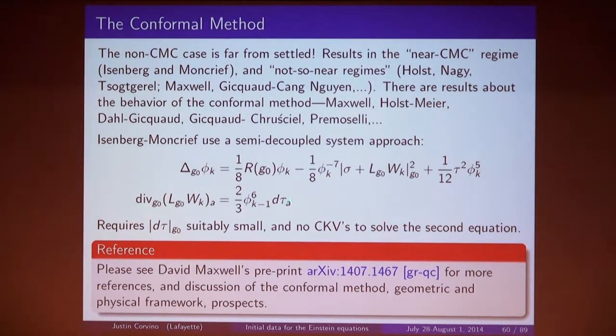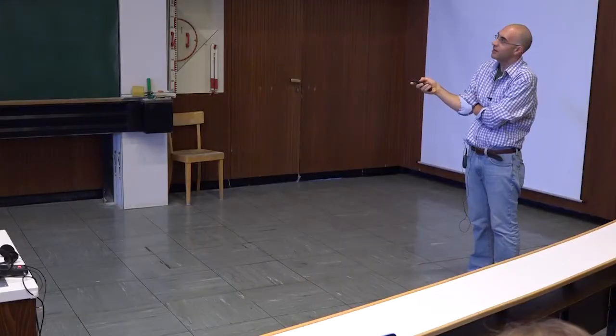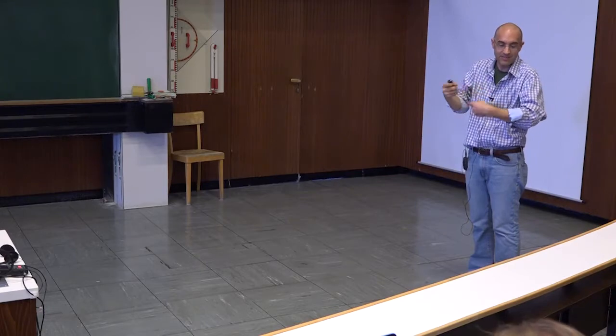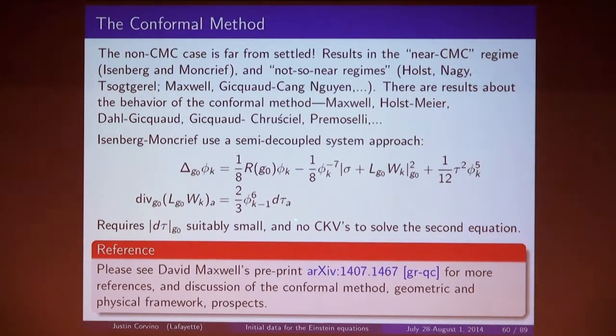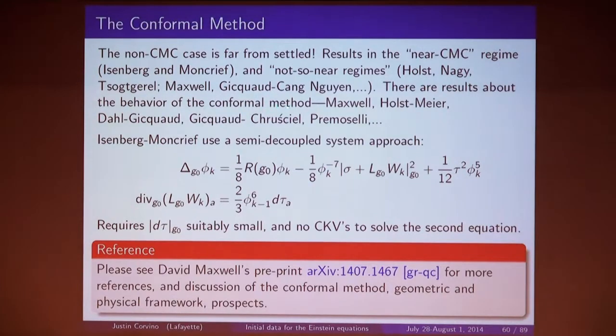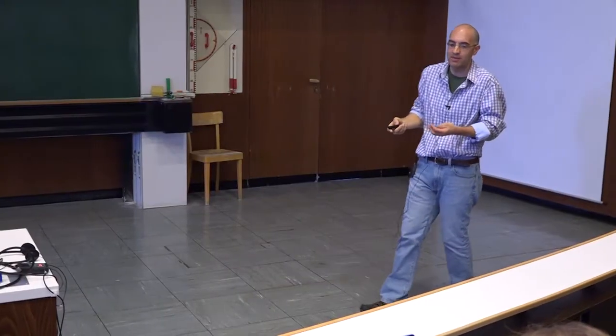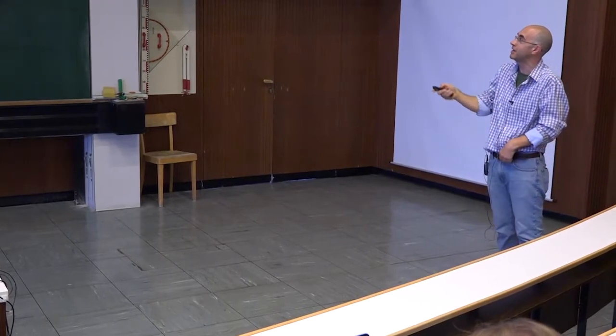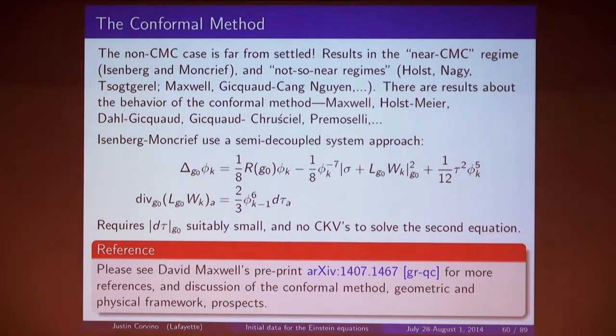Given some initial phi, you can use the second equation to solve for a w, stick that w into the first equation and solve for a phi, and then go back to the second equation and iterate. And for the scheme to converge, you have to assume that d tau is somewhat small in a certain way. If that's not true, there are some existence results by some of these folks listed here. And there are some results that indicate that the behavior of the conformal method is a little interesting in the non-CMC case, maybe unexpected, and there are a number of works on that. So it's a long story.